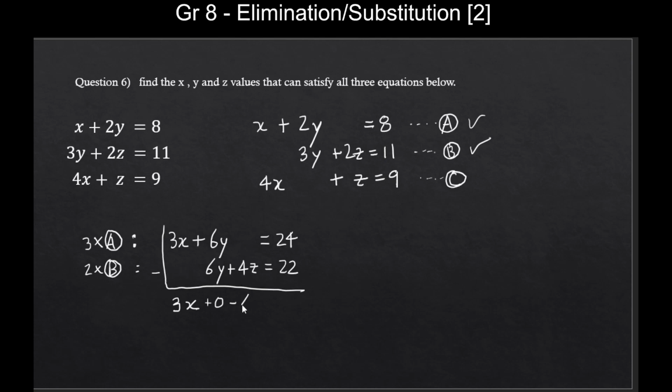So that is minus 4z. And lastly, 24 minus 22, that is 2. So here we have 3x minus 4z is equal to 2.